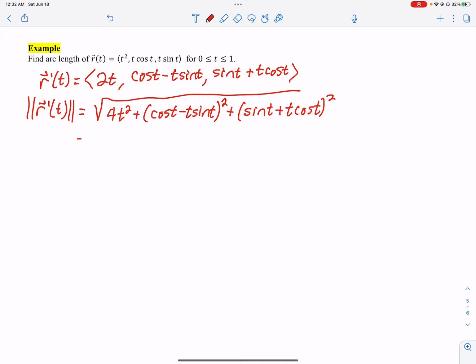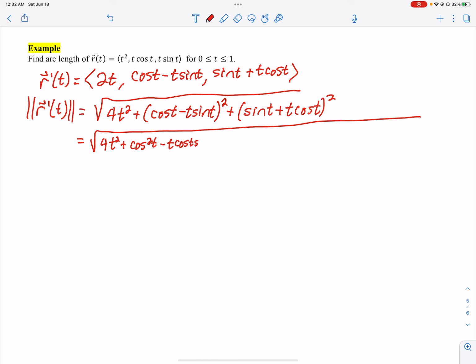And then we have to work all this out. All right, so this is going to be quite a bit. So 4t squared plus, okay, we get cosine squared t minus t cosine t sine t plus t squared sine squared t.